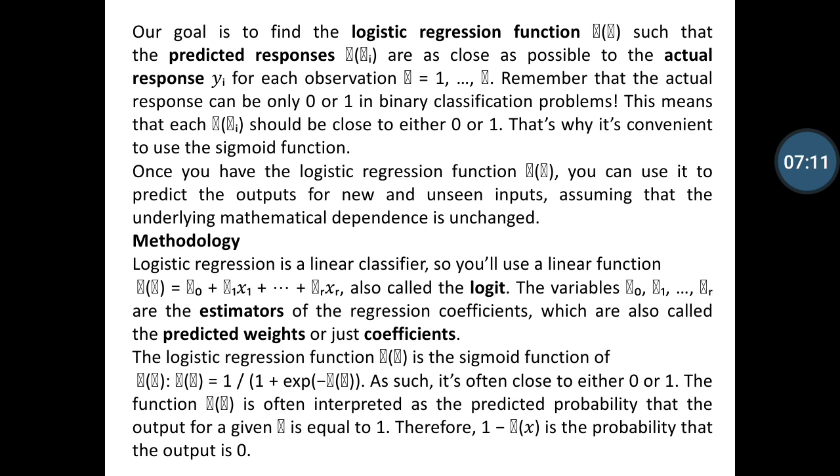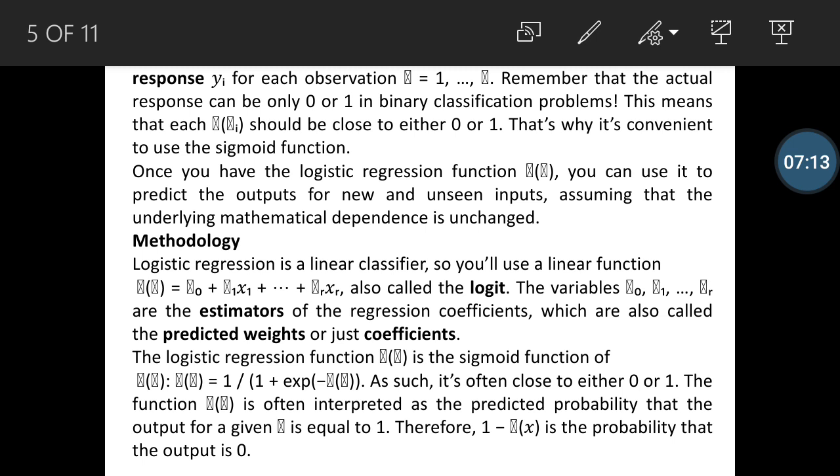The variables b0, b1 up to br are the estimators of the regression coefficients, which are also called the predicted weights or just coefficients.